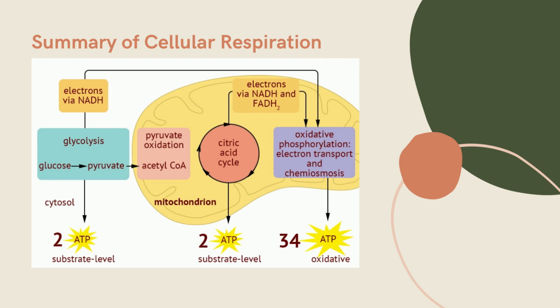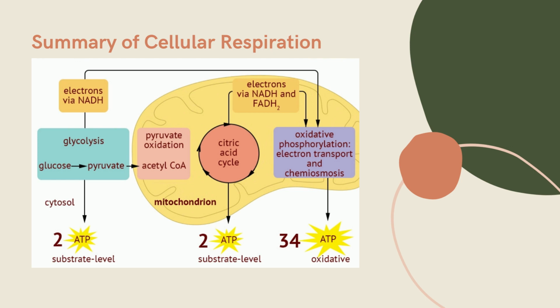So for the citric acid cycle, we only need to remember that from citric acid we will remove a carbon molecule to produce a five carbon compound, and then from the five carbon compound we will remove another carbon molecule to produce a four carbon compound.